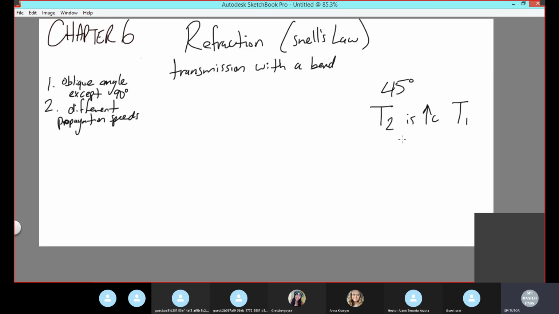Is the bending going to be bigger than 45 degrees? Is the bending going to be smaller than 45 degrees? The great thing though is you don't need to know the exact degree. You don't have to figure out, oh, it's 47 degrees. No. You'll see that it's just about knowing the relationship, and then the answer will pop up.